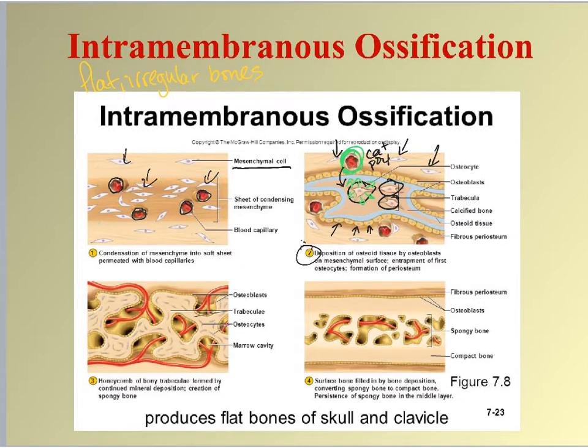If you're an osteoblast right here, and you lay down, we'll write it in blue, a bunch of osteoid around you, that's kind of like this wet consistency. You can still continue creating fibers and that ground substance, you can still continue to secrete osteoid.